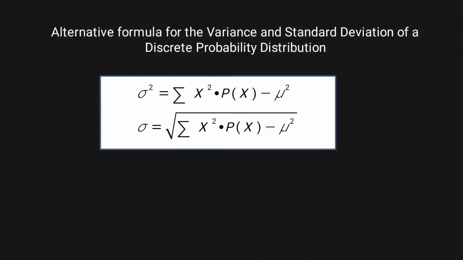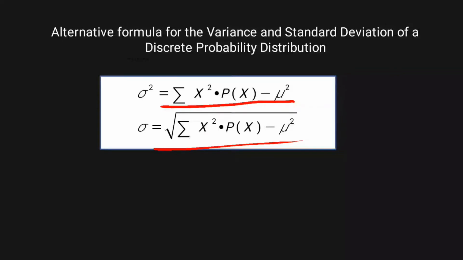Okay, so next. Meron tayong isa pang formula for variance and standard deviation of a discrete probability distribution. So, variance, so we have summation of x squared times p of x minus mu squared. Okay, so alternative formula to. So, syempre, ang standard deviation, just get the square root.